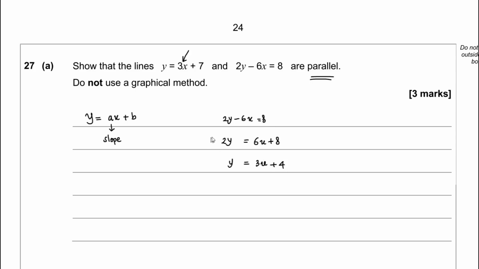The reason is that I divide the whole equation by 2. So 2y becomes y, 6x becomes 3x, and 8 becomes 4. Now we have our second line in the general form of a line, so we can say the slope is 3. They both have the same slope, which is 3, so these two lines are parallel.